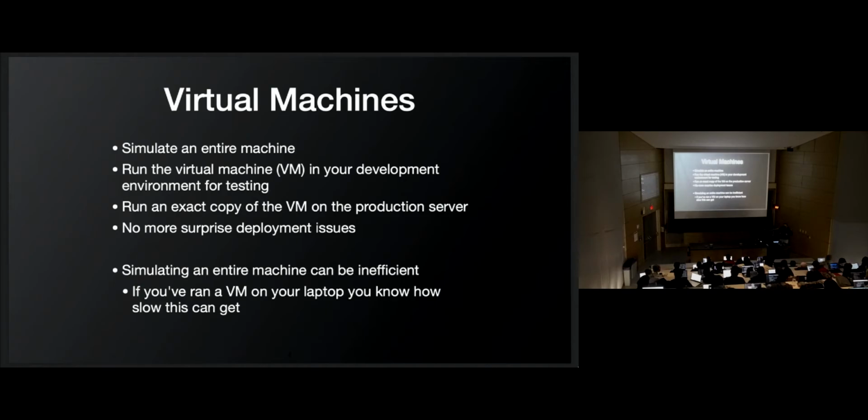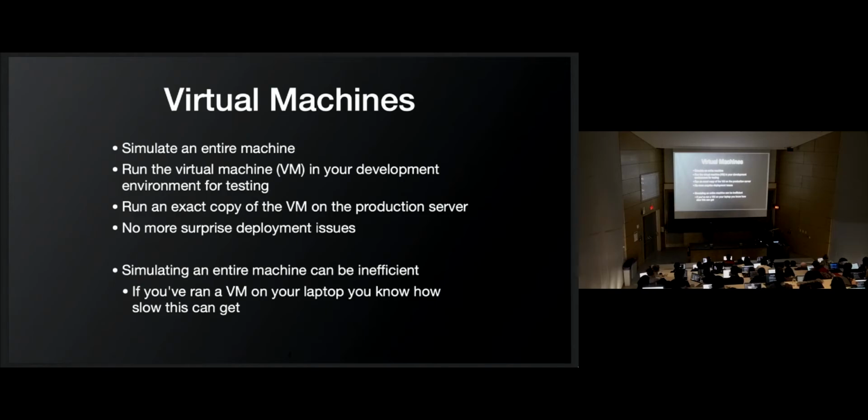If we use virtual machines, we can alleviate a lot of the problems that we have with deployment. If we use a virtual machine in our dev environment, and then in production, we use that same exact virtual machine, same exact environment variables, same exact versions of all the software, everything exactly as it appears in development.